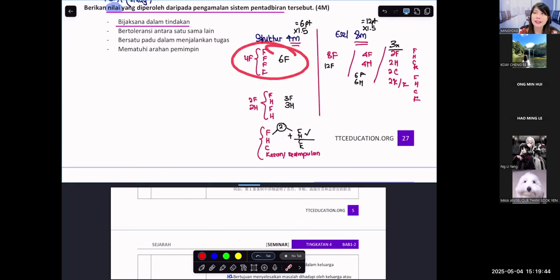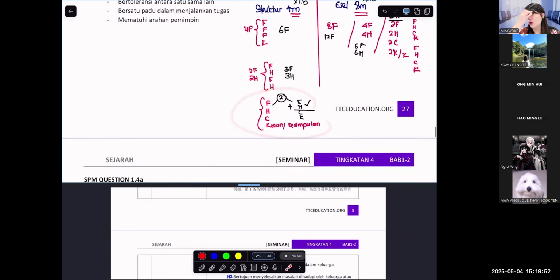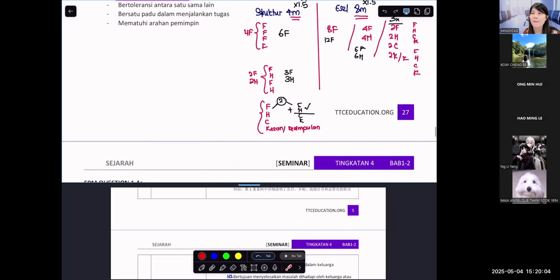So if, for example, 4 marks, you times 1.5, 6 points, right? Meaning here you at least, if fakta you give 6 fakta lo. If it's fakta huraian, you give 3 fakta, 3 huraian lo. If it's fakta huraian, contoh, kesan, kesimpulan, you give extra 1 more fakta huraian. Or if you want, you give extra 1 more fakta huraian, contoh, kesan, kesimpulan.